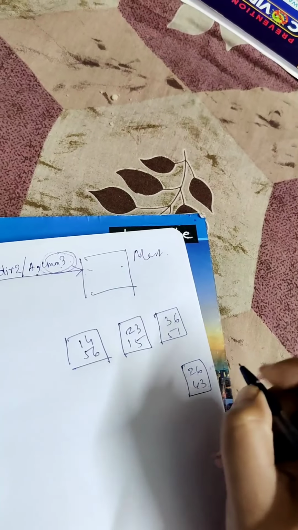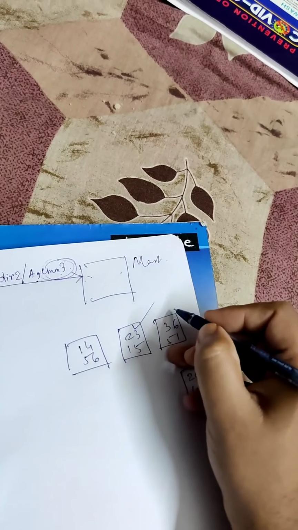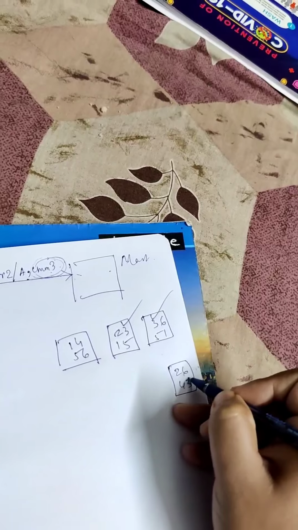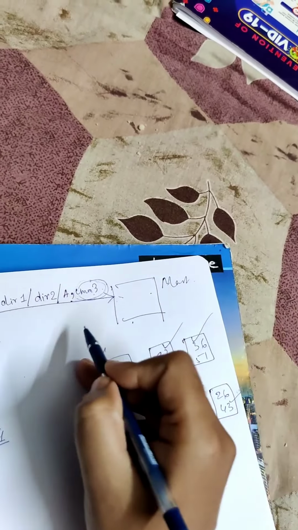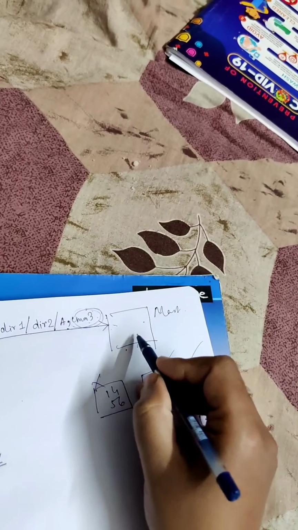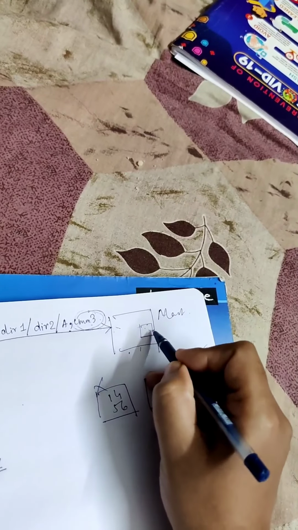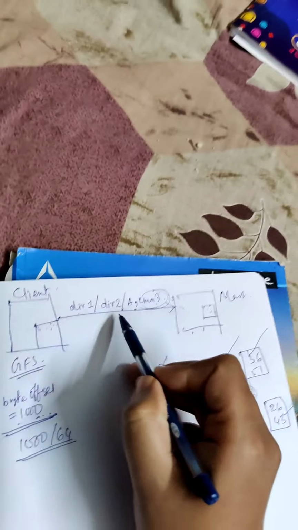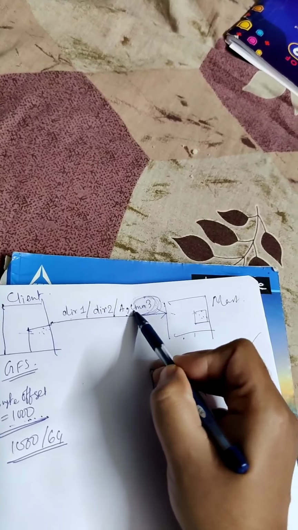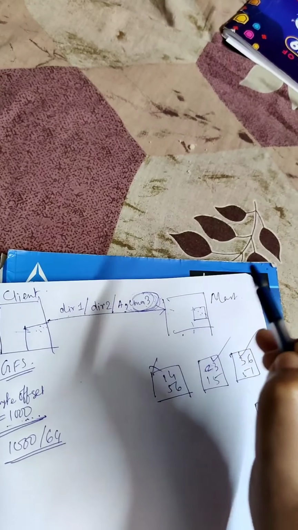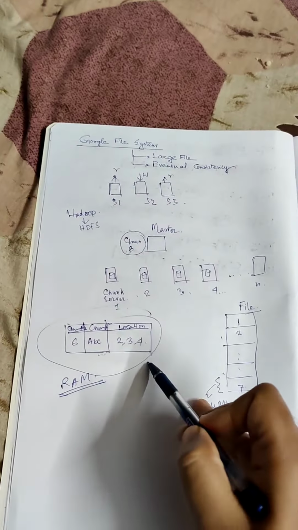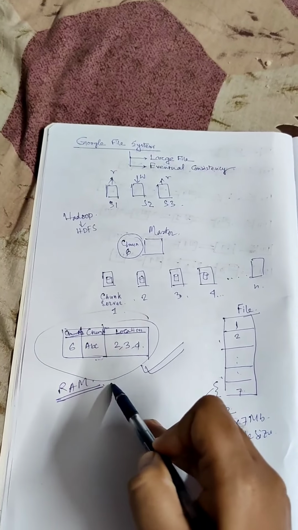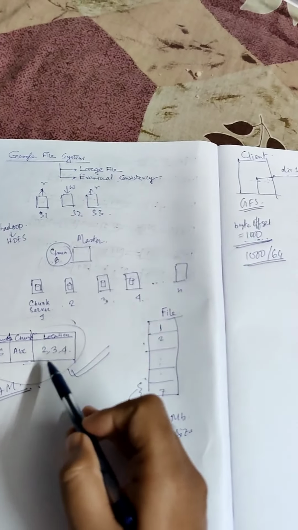Now you can see that 3 lies over here, 3 lies over here, 3 lies over here, but 3 doesn't lie over here. So the master makes a query and understands from his table which chunk servers chunk ID 3 lies on. As we mentioned, he is keeping a table like this in RAM, so from there he just made the query.